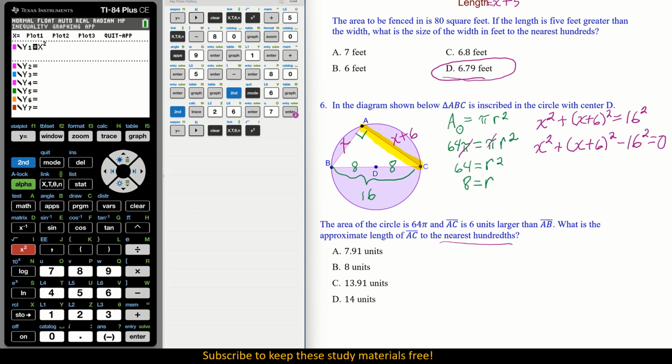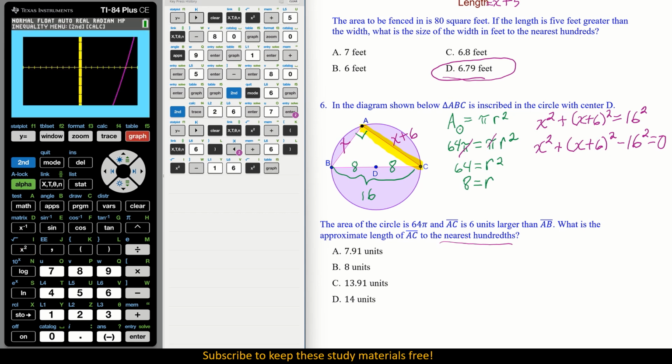Let's say x squared plus open parentheses x plus 6 close the parentheses, square the whole thing, and minus, remember, because we needed to put it equal to 0, we have to say minus 16 squared. Now that is a kind of a strange looking quadratic, but nonetheless, it actually would simplify into a quadratic. However, let's see if we can graph it.